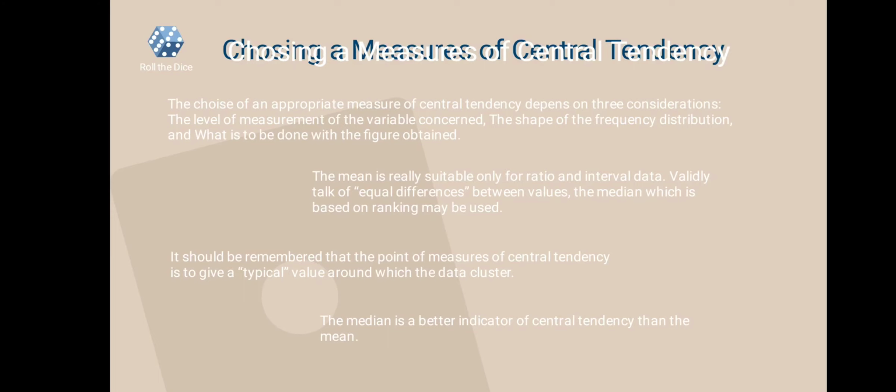The mean is really suitable only for ratio and interval data. Where one can validly talk of equal differences between values, the median, which is based on ranking, may be used. It should be remembered that the point of measures of central tendency is to give a typical value around which the data cluster. The median is a better indicator of central tendency than the mean.